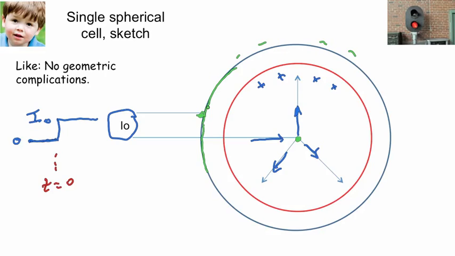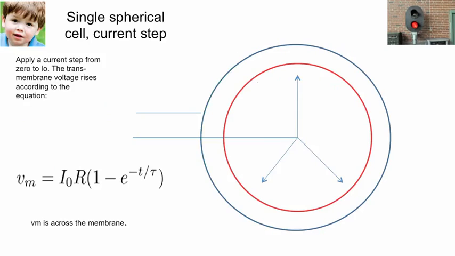And if we do solve it mathematically, we say this is the result. The voltage is a function of time across the membrane. It's right here, Vm. Put our voltmeter right across the membrane.